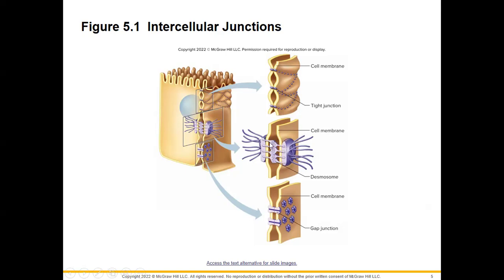Desmosomes, again, are like your spot weld. So you have one here, you'll have one here, you'll have one here, and these are going to be how these cells are put together. And then finally, you have your gap junctions that have your tubular channels or tunnels between cells so that this cell can share substances with this cell or vice versa.